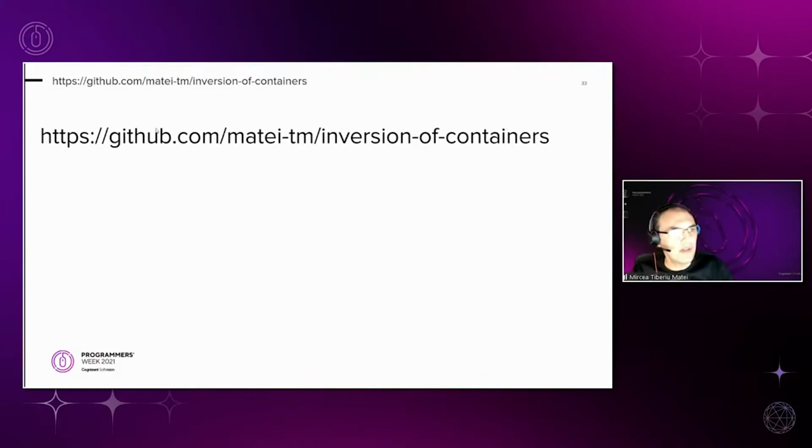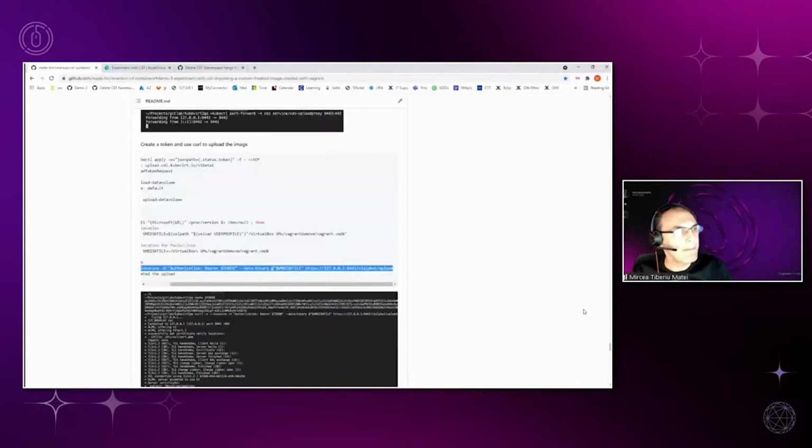As you can see here, we have a GitHub repo where I placed a README, and that README shows step by step how to complete that demo. I will open that README.